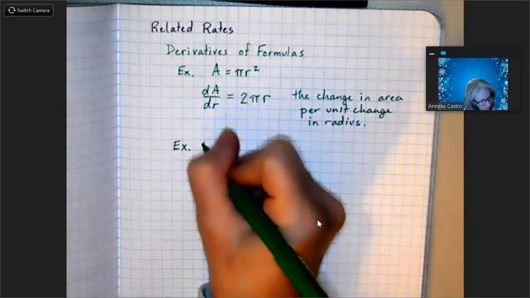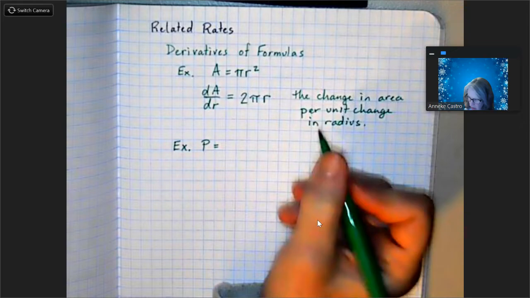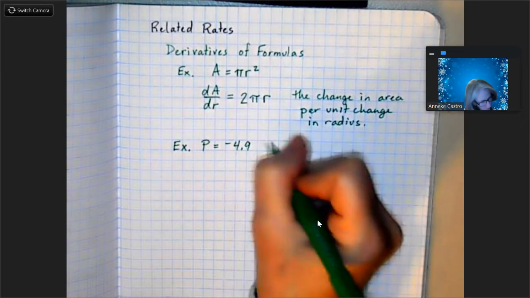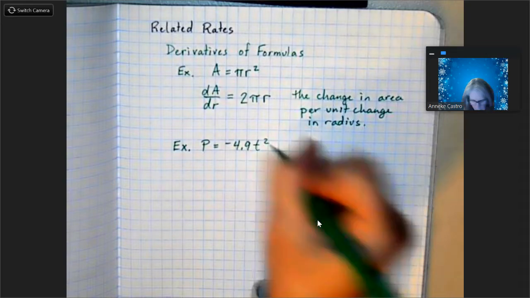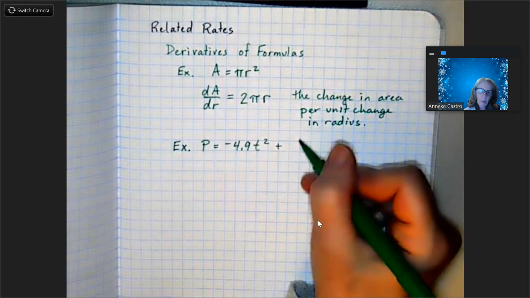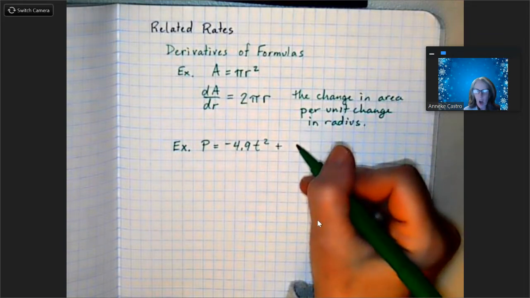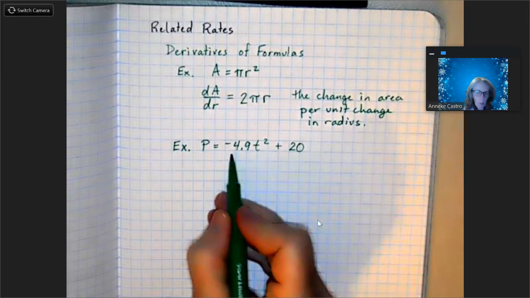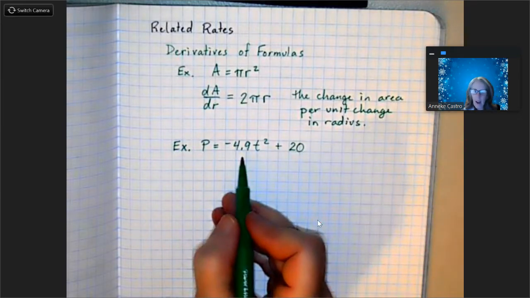So the position of an object is equal to negative 4.9 t squared, where t is time, plus this number that I'm going to put here, which is the starting height. So let's say we have an object starting at a height of 20 meters.